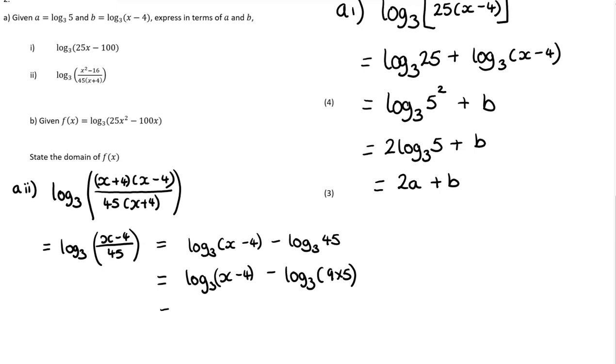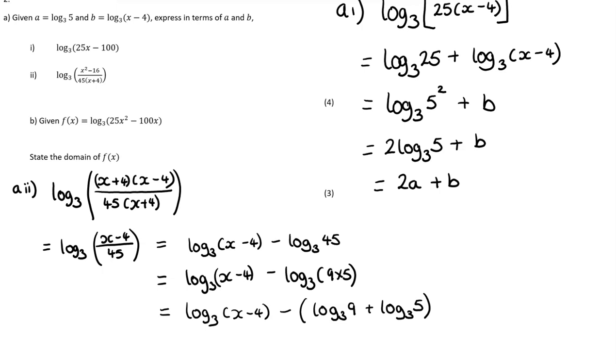So what I can do is then, again, use the laws of logarithms to write this out. So if I've got log AB, that's going to be log A plus log B. So I'm going to do this. And then we get log to base 3 of 5, and I've got log to base 3 of 9. Now, I've not been told that that equals a, b, c, or whatever here.